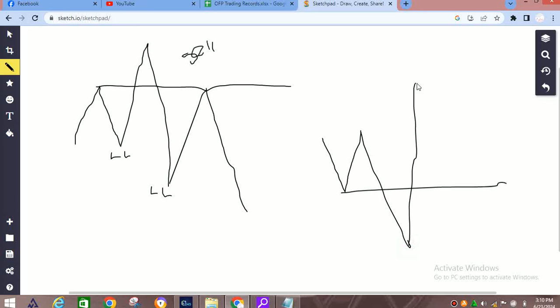As soon as it reaches this zone, it's going to go for a sell. So first we have to create a shoulder and a head, and then once the price comes to this level, this is where we pull our trigger for a sell. So we sell here and then we put our stop loss above here and we put our take profit just here.